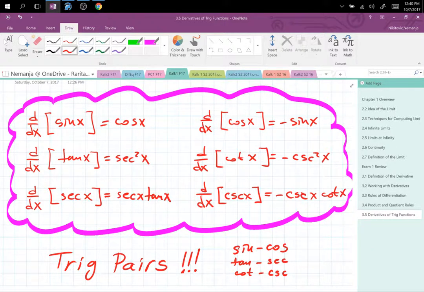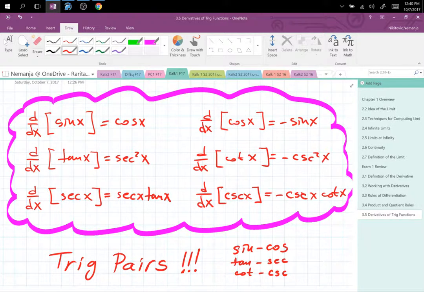Next one. Observe, looking from left to right, they all have the same form, except all of the ones on the right are negative. So if it starts with a co, it's negative, like the cosine, and the cotangent, and the cosecant. So if it's a co, it is going to be negative.